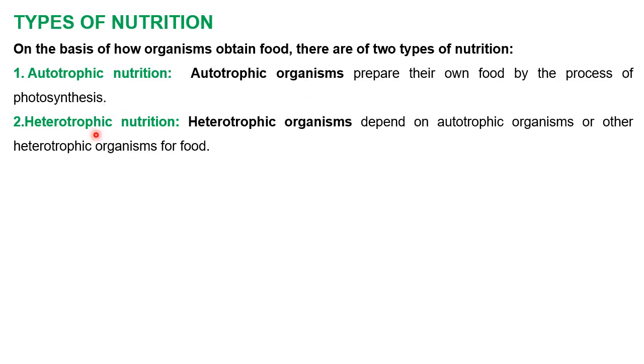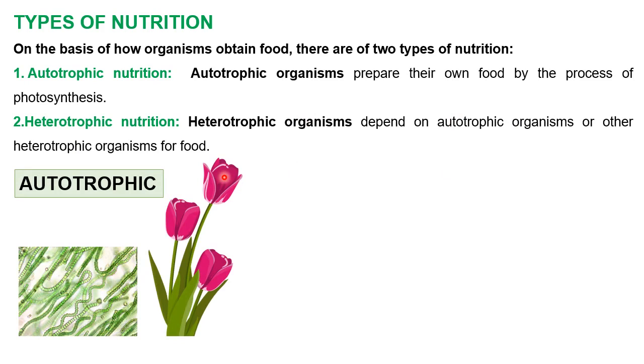You must be knowing this, right? Second one is heterotrophic nutrition. Heterotrophic organisms depend on autotrophic organisms or other heterotrophic organisms for food. So deer depends on plants, and tiger, etc., depend on deer, right?